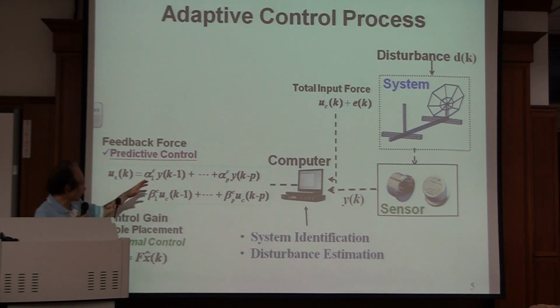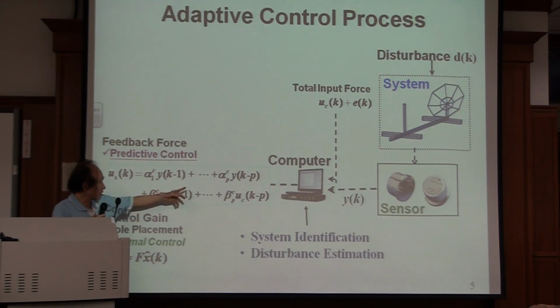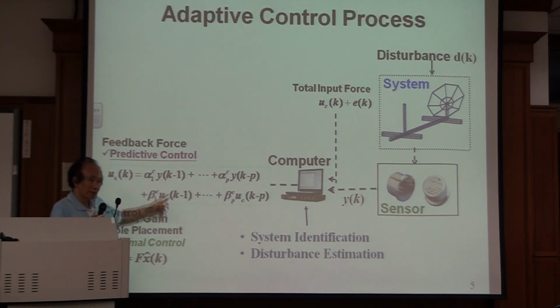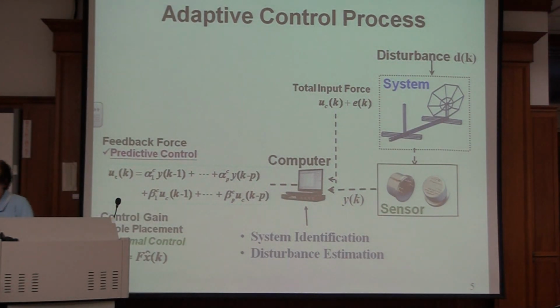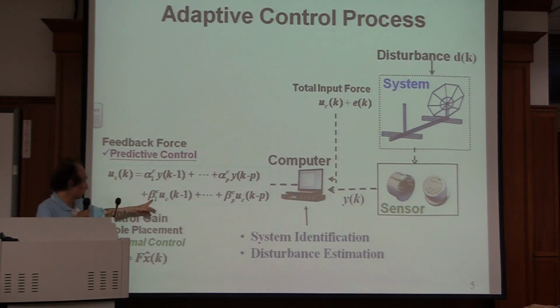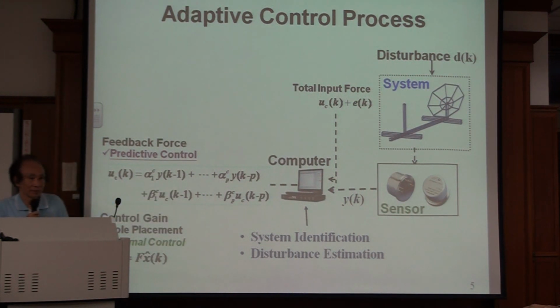That means the past p steps. And that information is available to you. So that's the gain. Those gains multiply not x hat, but the past output and past input. So the predictive control will teach you how to compute those. That's it.